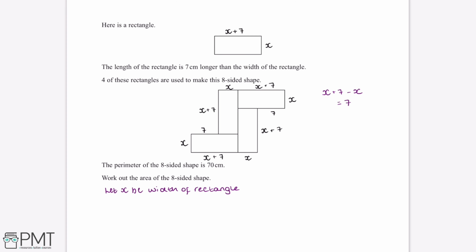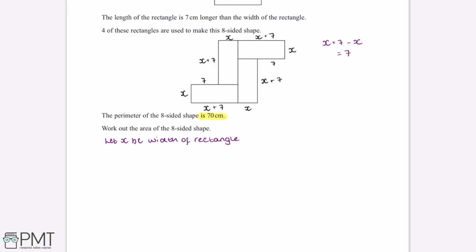Now we've been told that the perimeter of this 8-sided shape is 70 centimetres. So what this means is all of these side lengths added together will be equal to 70 centimetres. So what we can do is form an expression from this.